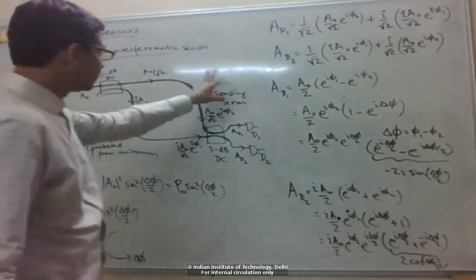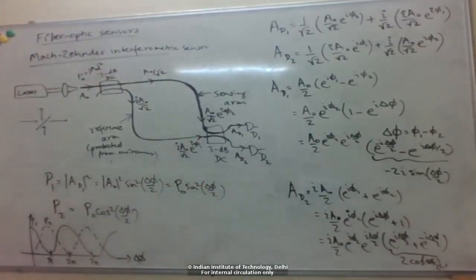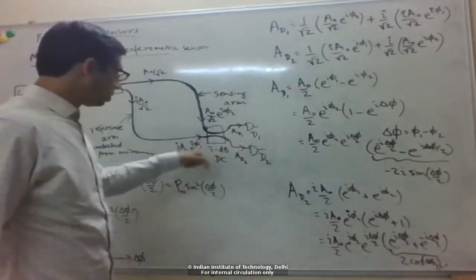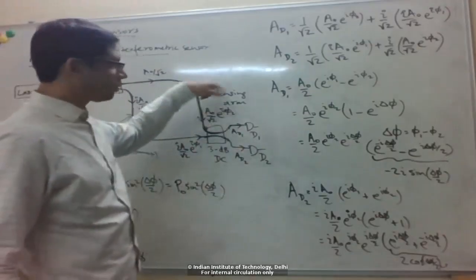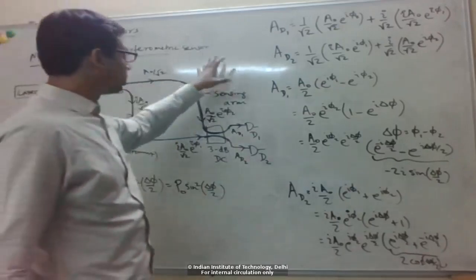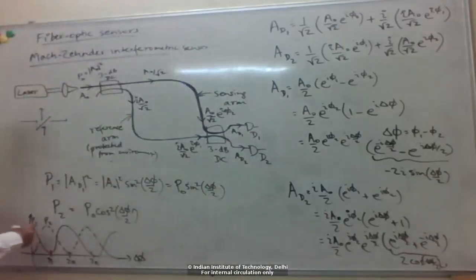So phi 1 is fixed, phi 2 changes, which changes delta phi. So our task finally is to, from the powers P1 or P2, calculate what this delta phi was, and from that delta phi calculate what phi 2 was, and from phi 2 calculate what this external parameter was, what pressure or temperature or whatever we want to sense. So basically we want to sense small changes.